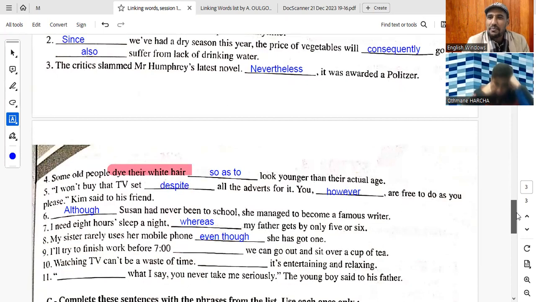We need to express purpose, right, by the way. I try to finish work before 7. أنا غنحاول نسالي الخدمة قبل 7. Pourquoi? Pour quel but? باش يلا يكون عندي شوية الوقت to go together and go out and so on, باش نخرجوا ونشربوا كاس داتاي, right?